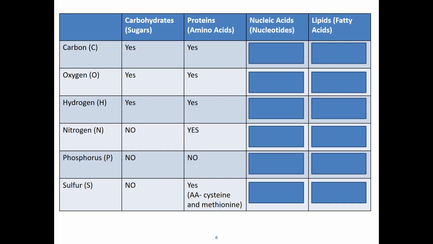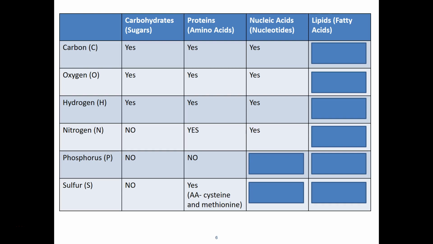Okay, nucleic acids. Remember, they're made out of a sugar. So right there, do they have carbon? Oxygen, excuse me, and hydrogen, yes, right? That's the sugar component. Do they contain nitrogen? Yes. What do we call the A's, T's, G's, and C's, y'all? Nitrogenous bases.